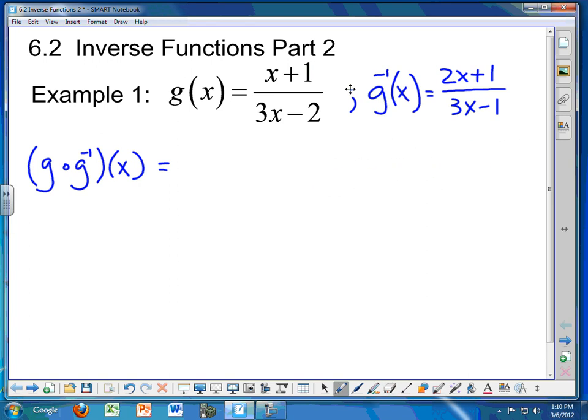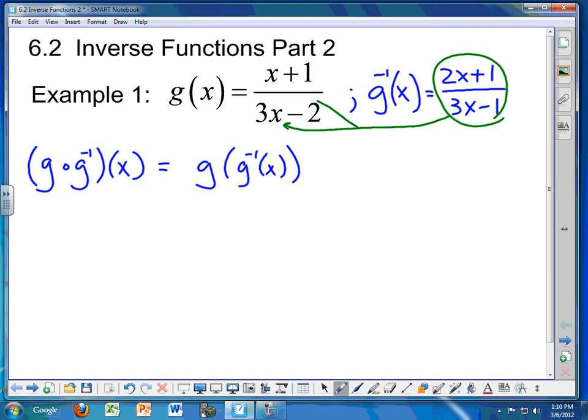If we're going to do g of g inverse, that's the same as g of g inverse of x. In other words, the inner function is g inverse, which implies that we are going to take this function and substitute the entire quantity into both places for x. And if we do that, we will end up with this massive fraction.